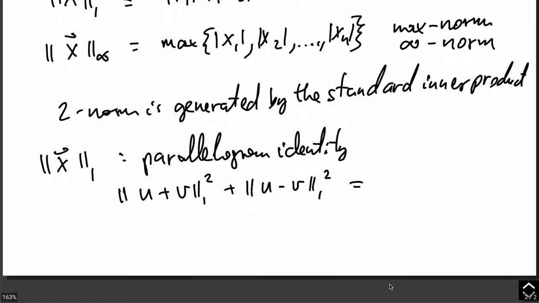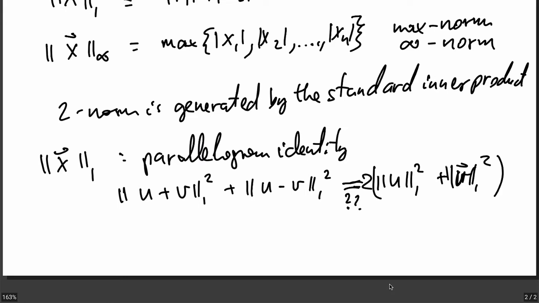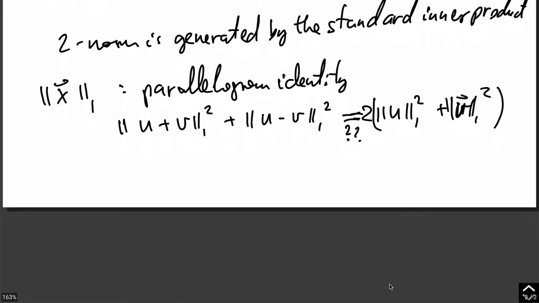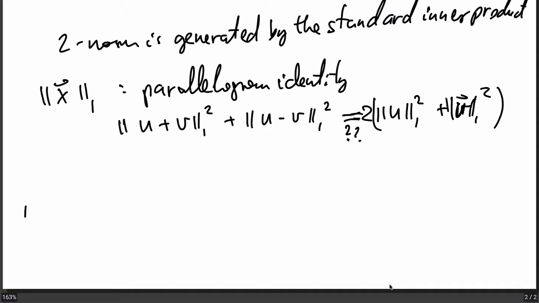So we want to compare this to 2 times the 1 norm of u squared plus the 1 norm of v squared. The question is whether it's true or not. Well, if it's not true, then it should be easy to find, hopefully, a counterexample.